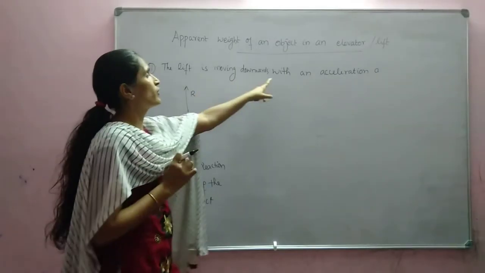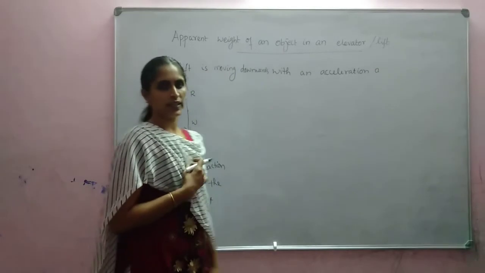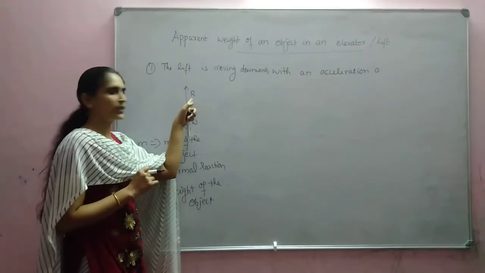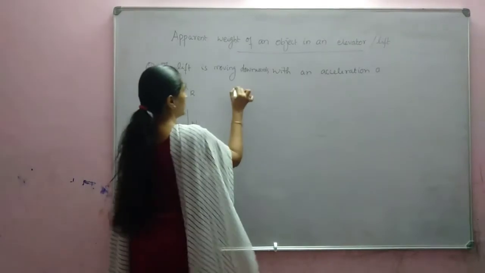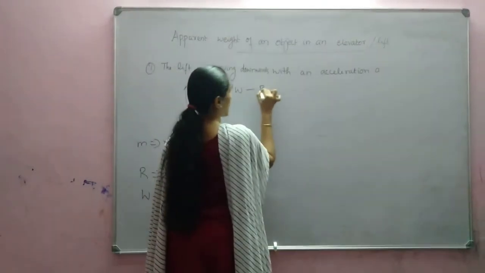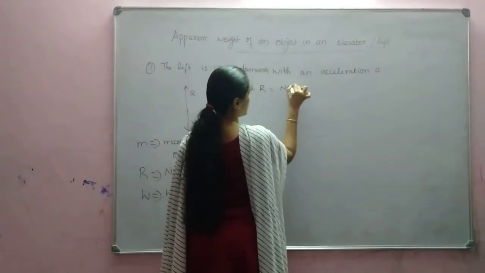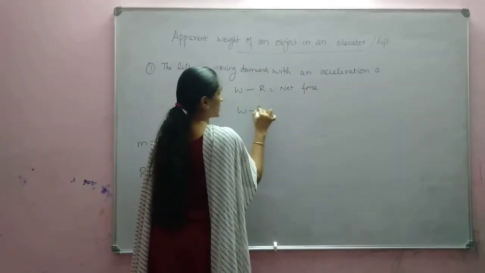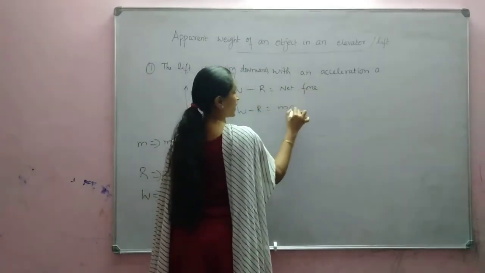The lift is moving downwards with an acceleration a. In this case, which force is more? We can say W is more than R. We can write W minus R is equal to net force, and net force is equal to mass into acceleration.